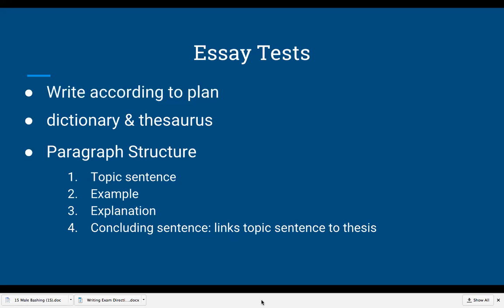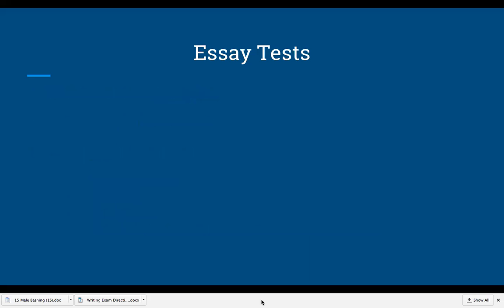We look back at the thesis, and it's almost this moment that's like, therefore. Okay, so these are the 4 parts of a body paragraph to keep in mind as you're writing. If you write in this very structured way, you won't get lost, and you'll make sure you're hitting all of the points of a paragraph structure.